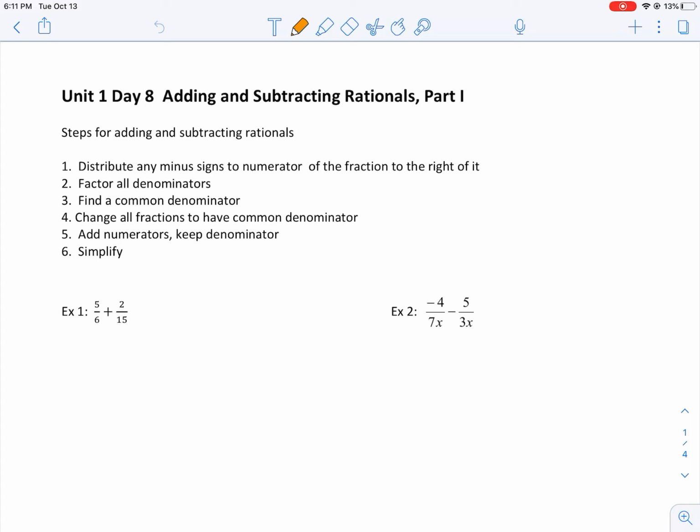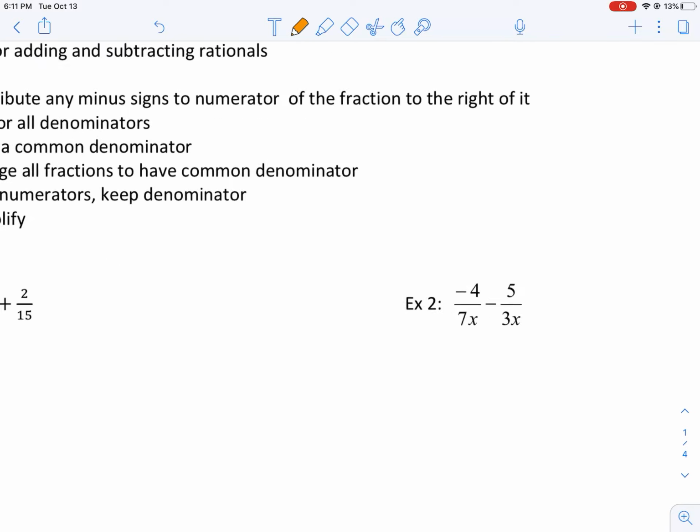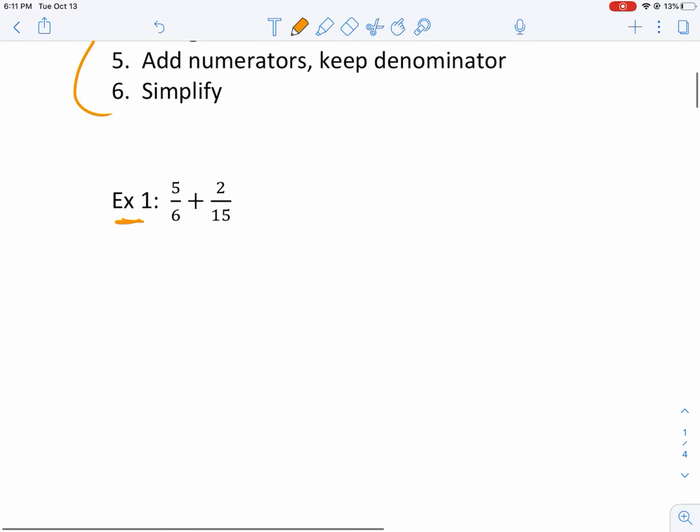So here are our basic steps when we are adding and subtracting rationals. In the first example, this looks like just a fraction. What do we know about fractions? Well, we need a common denominator, or more importantly, the least common multiple.